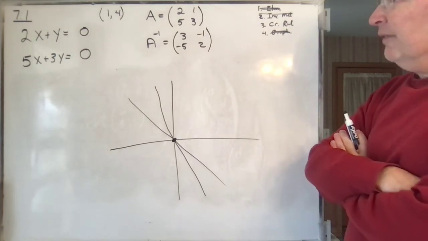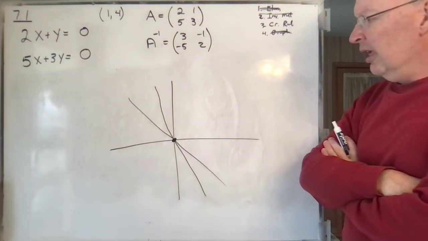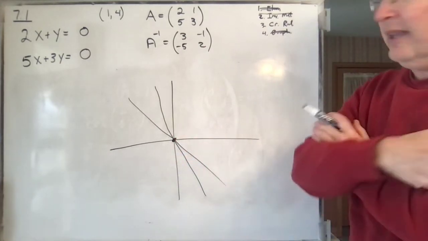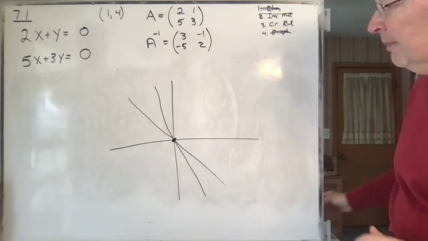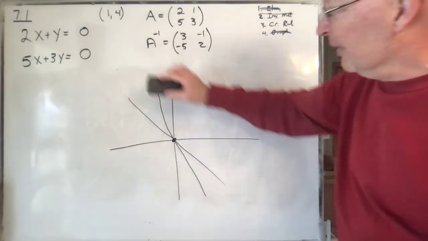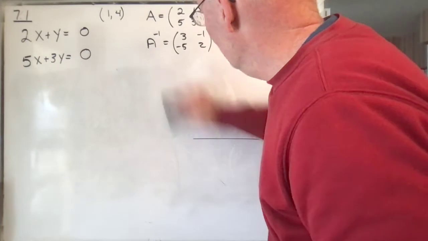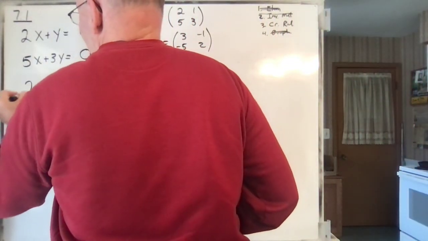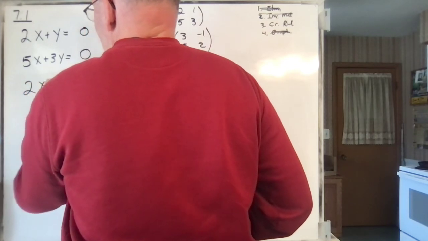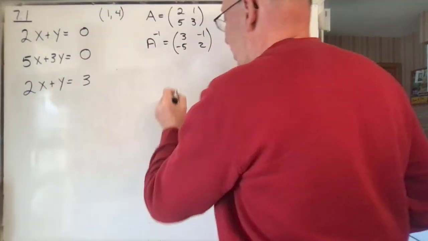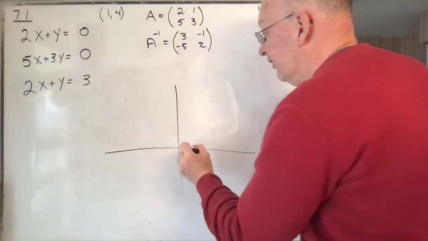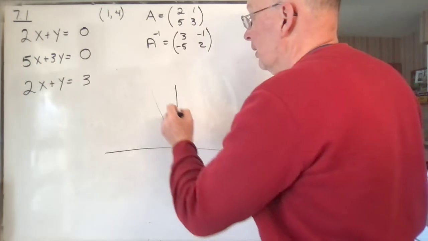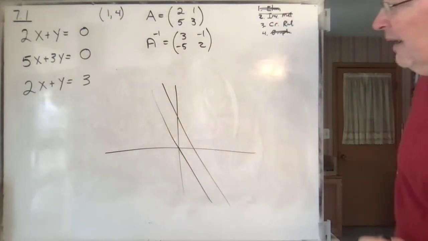If I gave you two equations of lines, is there anything that could happen other than having one solution like that? Think about it. What else could happen? If I gave you this line and then also this line, then you're going to have two lines that have exactly the same slope, but they have different y-intercepts.